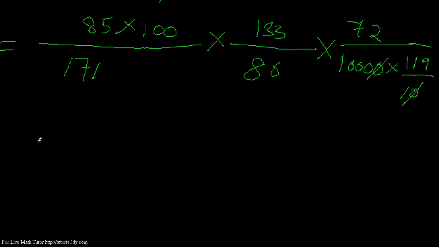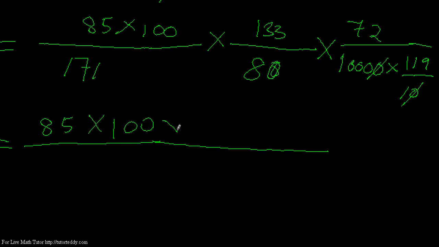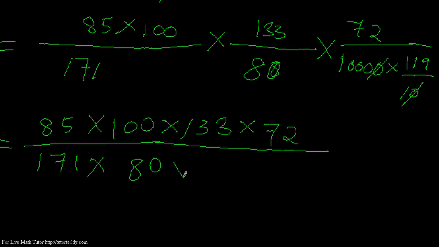So next thing, yeah, it was 80. Let me write it again. 85 into 100 into 133 into 72, and in the denominator we have 171 into 80 into 1000 into 119.